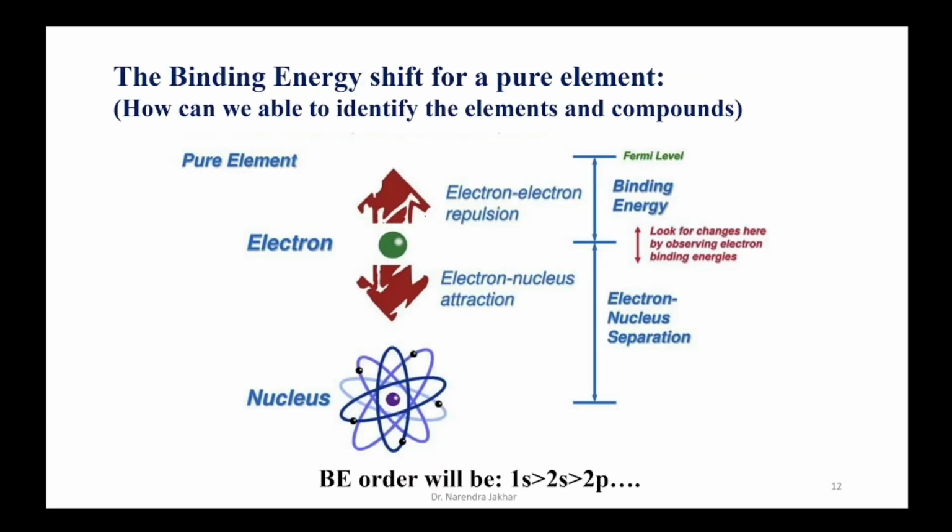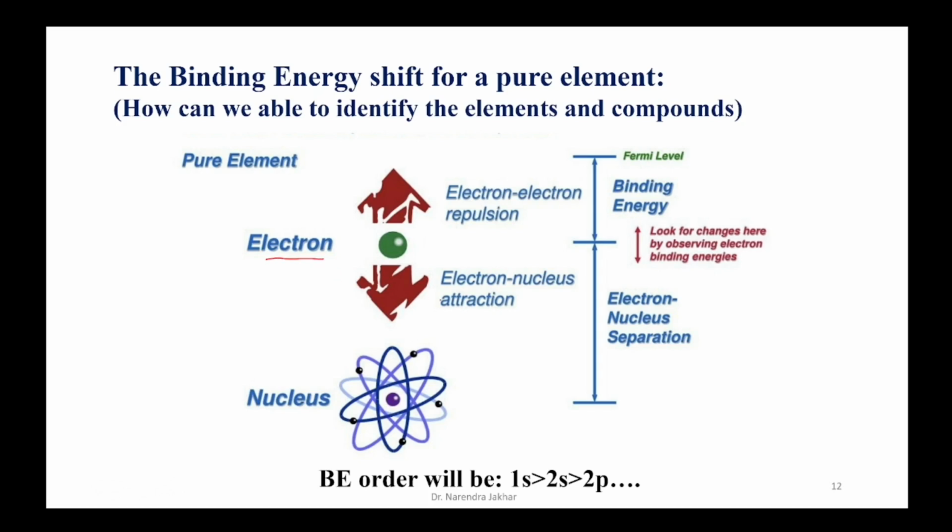Okay, in this slide, how can different information be obtained from the different orbits of the electron? How are we able to identify the elements and compounds? Suppose that this is the nucleus and this is an electron here.